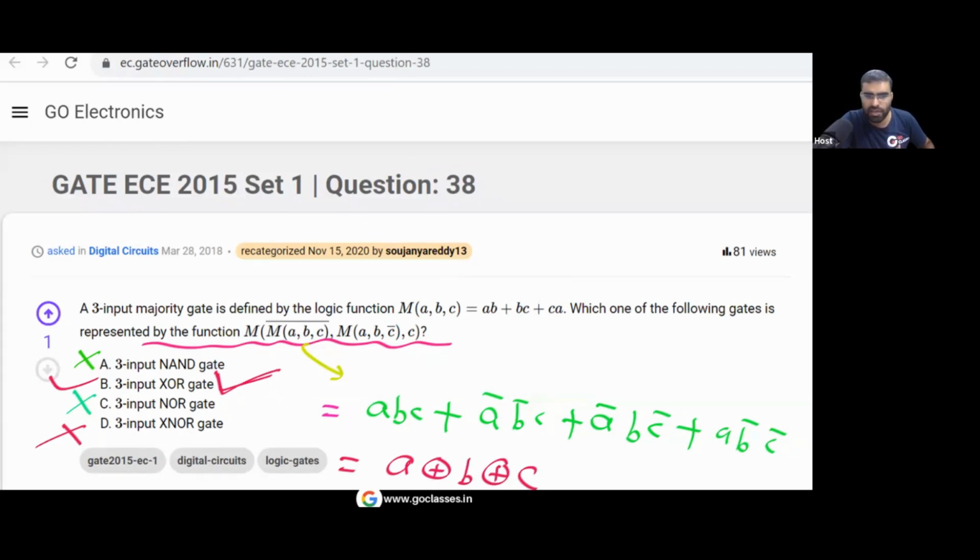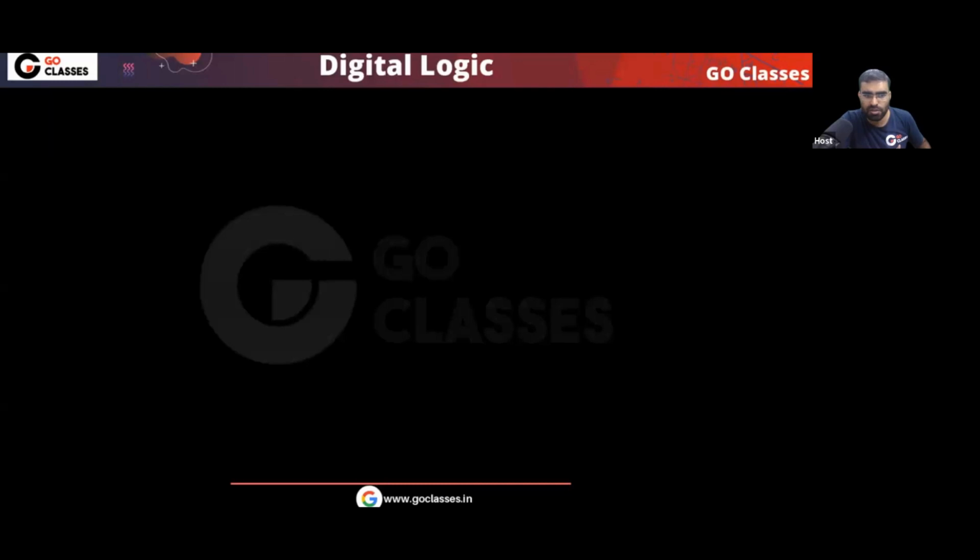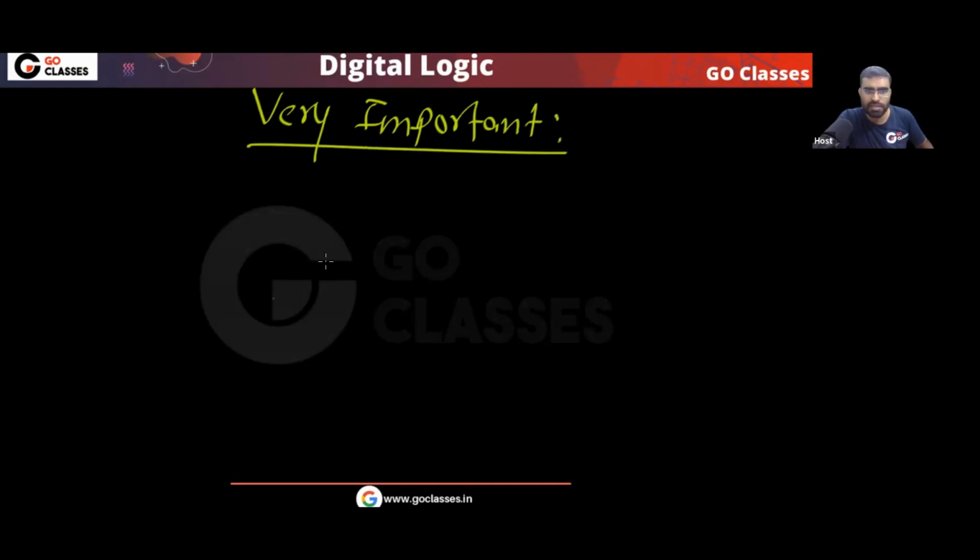So this fact is very important. Again, I'm telling you, this fact is very important. What is very important? This point is important, that XNOR is always the complement of XOR.